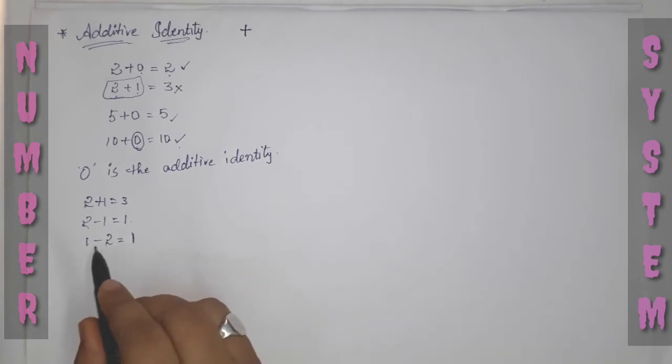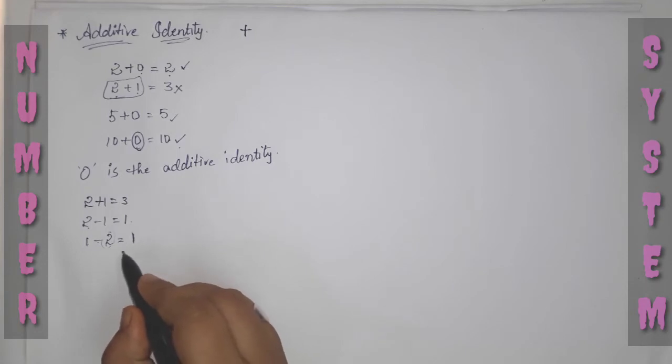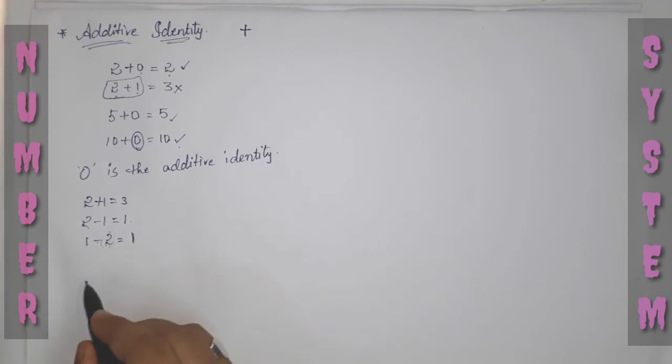No. Whenever we have a bigger number being subtracted, having the negative sign, then you have to take a new system. A German mathematician found these negative numbers.